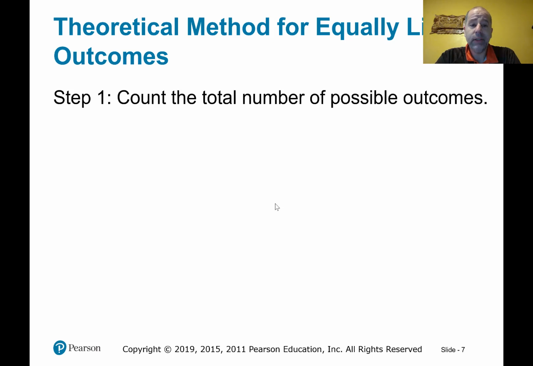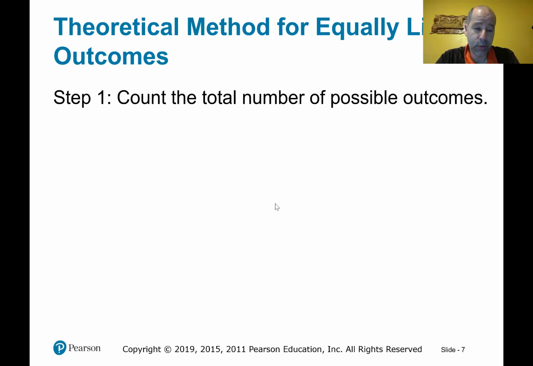Now, here's the theoretical method for equally likely outcomes. This is one of the definitions of probability. It's the theoretical definition, and it's based on the assumption that outcomes are equally likely, that every outcome has the same chance of occurring. The way we calculate a probability is, first, we count the total number of possible outcomes. We've got to get two numbers.